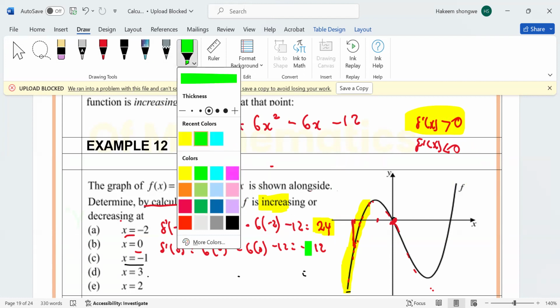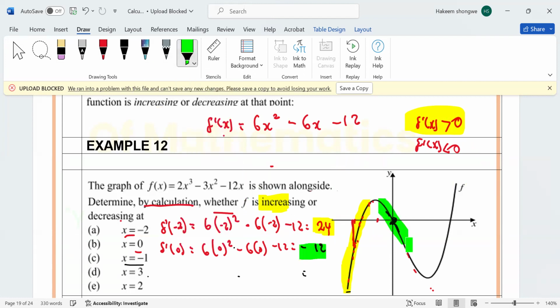When the gradient is negative, it seems as if our function is decreasing. So in other words, we can make a conclusion: when f prime of x is greater than 0, the function is increasing. When the gradient is positive, that's what I mean.